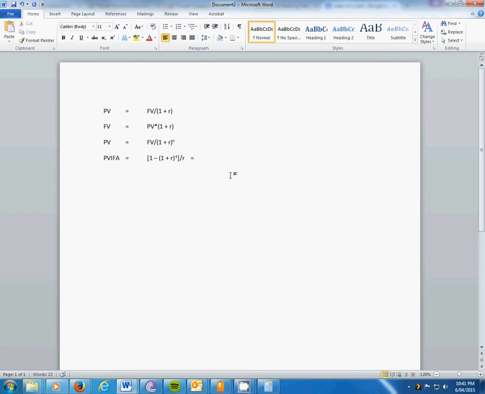Okay, so we could also write this as 1 minus 1 divided by 1 plus r to the power of t, all divided by r.